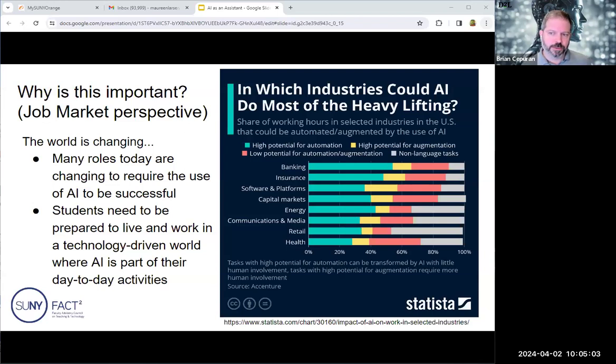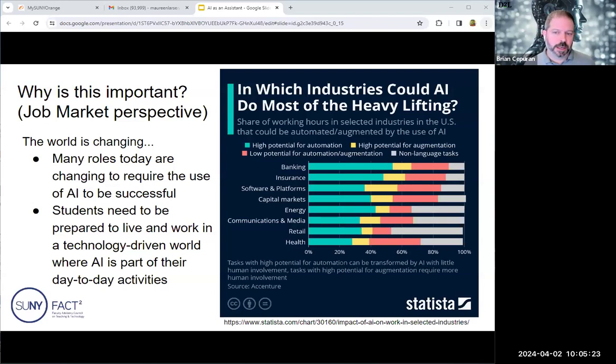If we focus on those first two categories, this is the idea of time that people are spending today that can be fully automated, or time where a human's efforts can be augmented by AI. That would be the green bar and the yellow bar. You see that there is quite an impact across many different industries.